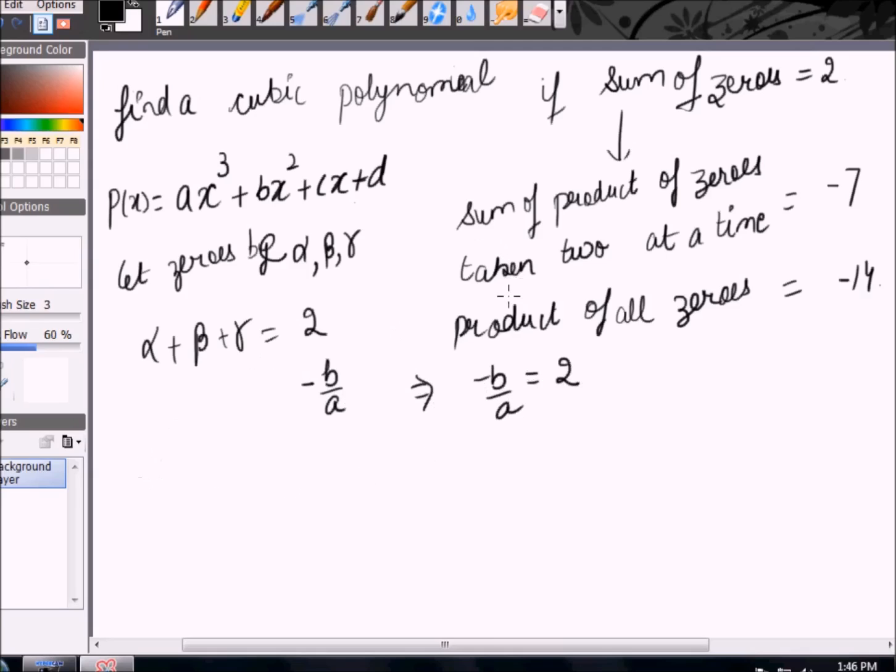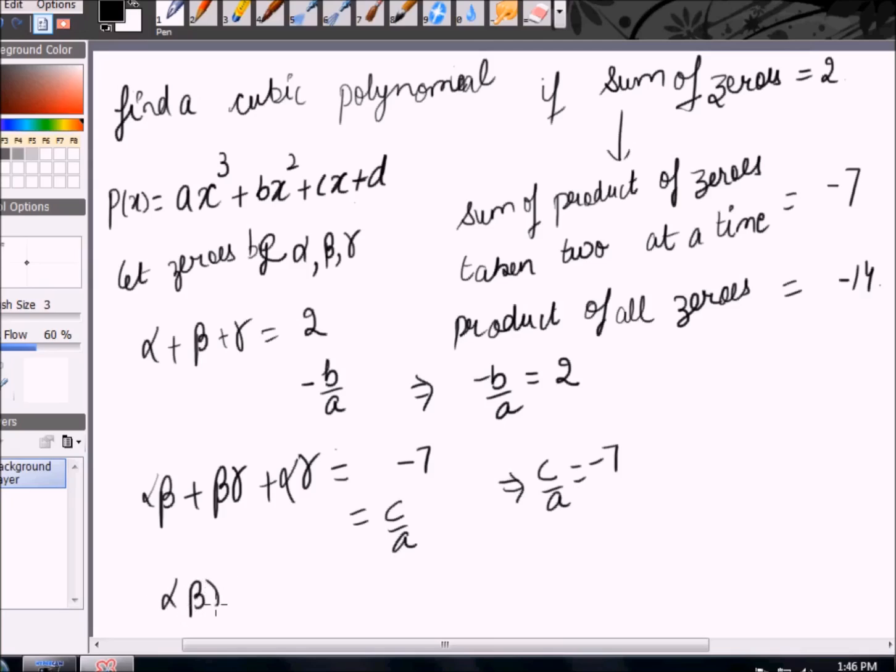Again, the sum of zeros taken 2 at a time, that means alpha beta plus beta gamma plus gamma alpha, equals minus 7. This we have derived as equal to c by a. Thus, c by a equals minus 7.